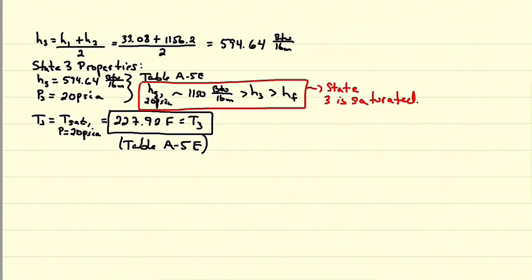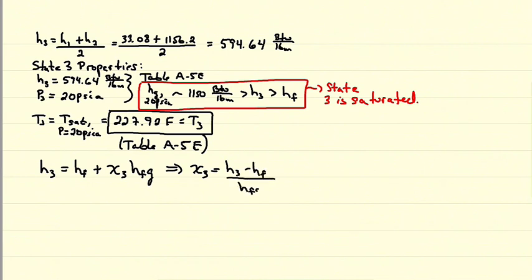And so to determine quality, we use our quality equation in terms of enthalpy, where H3 is equal to Hf plus our quality at state 3 times Hfg. Okay, and so we can just algebraically manipulate this so that we're solving directly in terms of quality. X3 is equal to (H3 minus Hf) divided by Hfg.